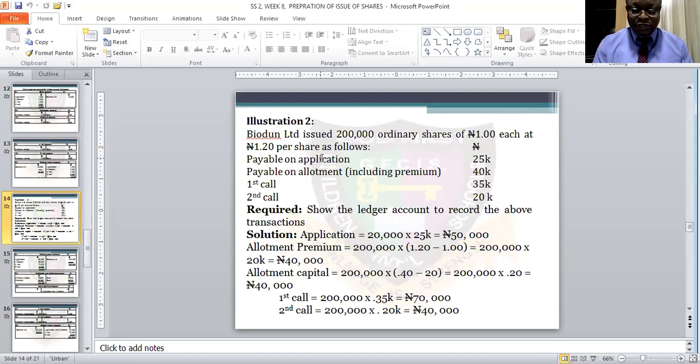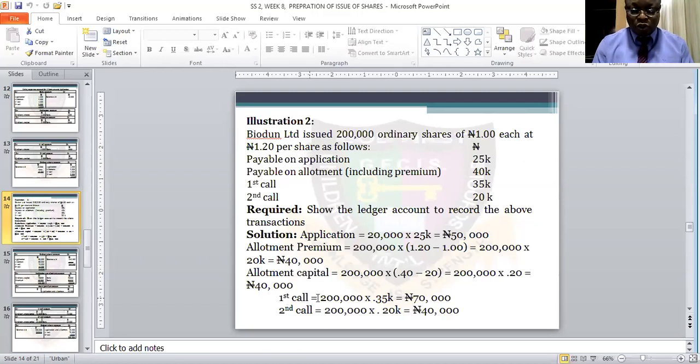Then allotment capital. That's 200,000 multiplied by 20 kobo. How do you get 20 kobo? You subtract 20 kobo premium from 40 kobo. That means you multiply 200,000 by 0.2. When you multiply 0.2 by 200,000, that will give you 40,000 naira.